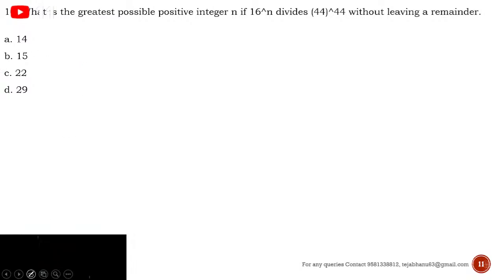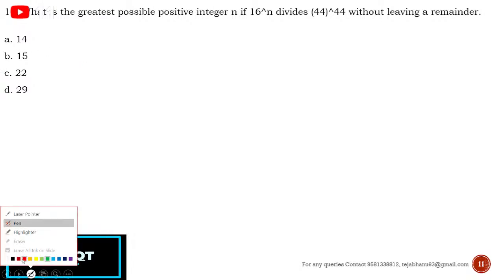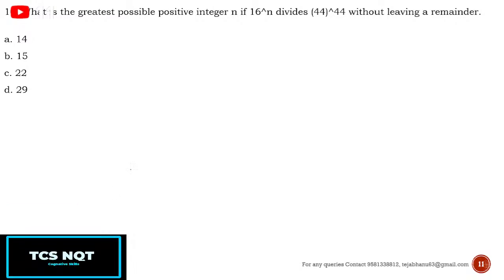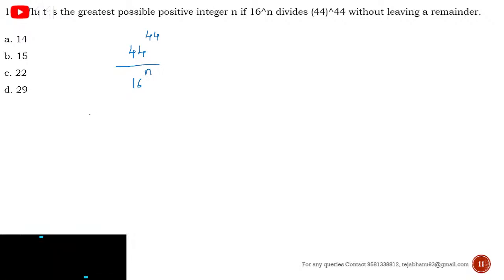He given like, if 44 power 44 is divisible by 16 power n, what is the greatest possible integer of n? That is what he asked.